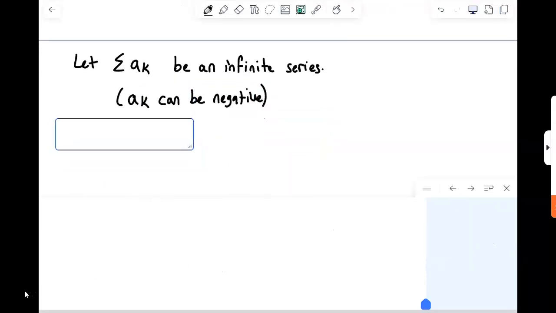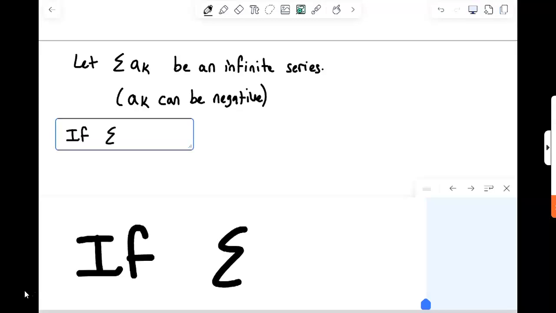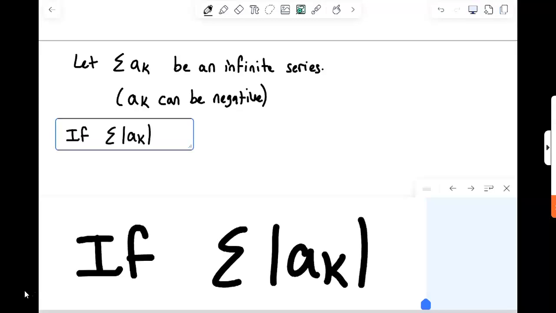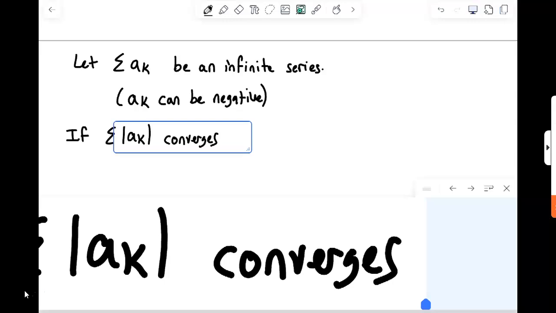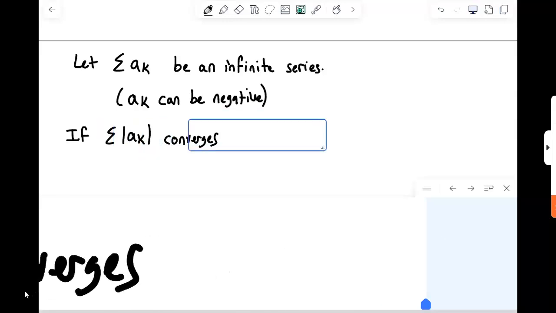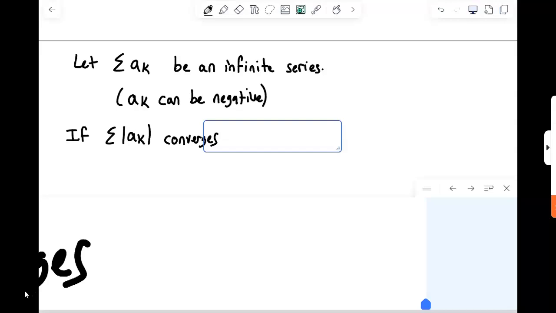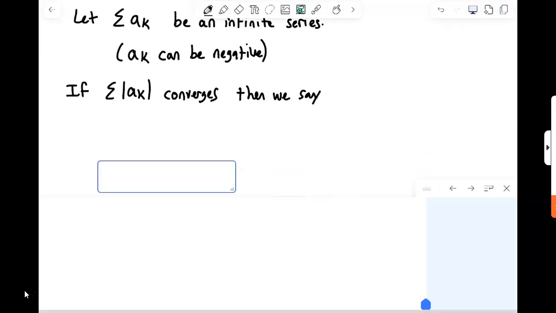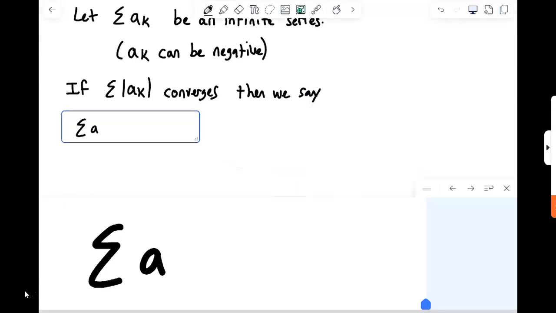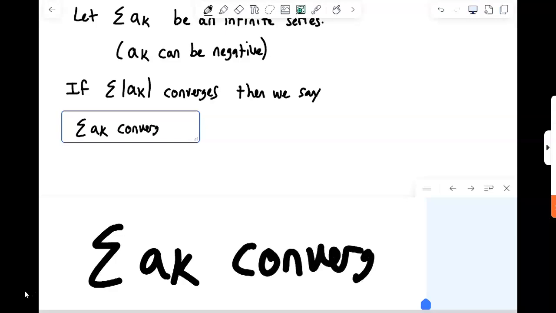Then here's what we say. If the series of the absolute value of the a_k terms converges, then we say that the series a_k converges absolutely.